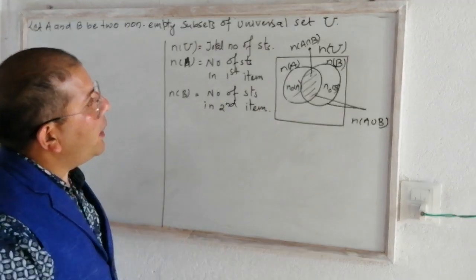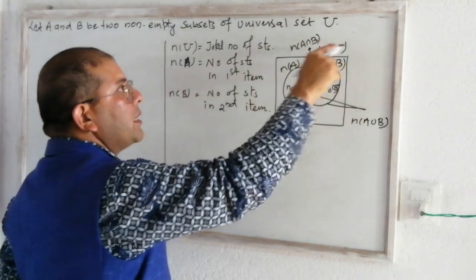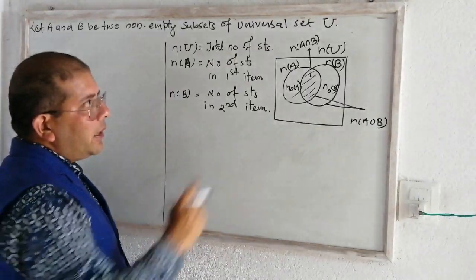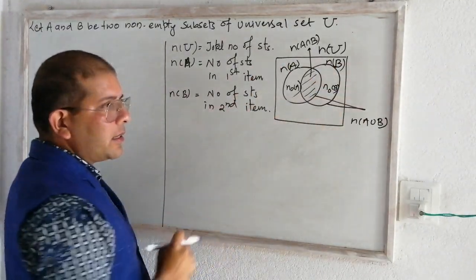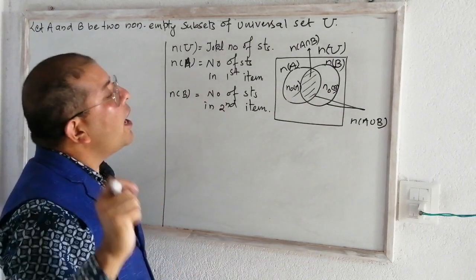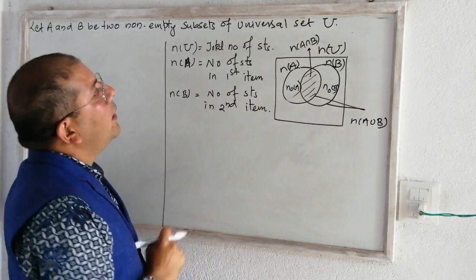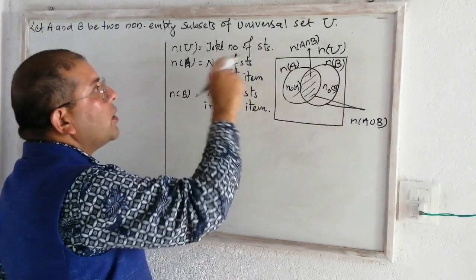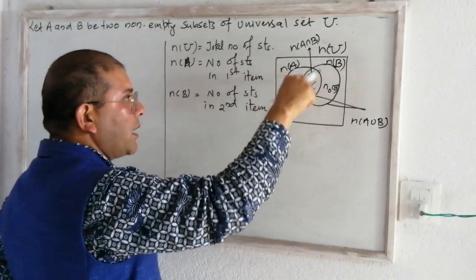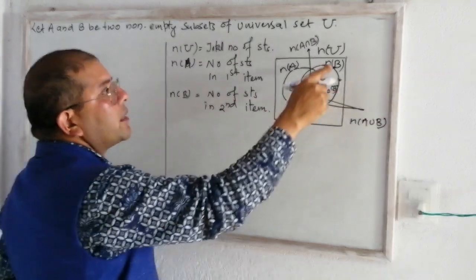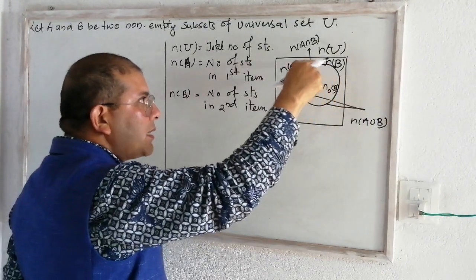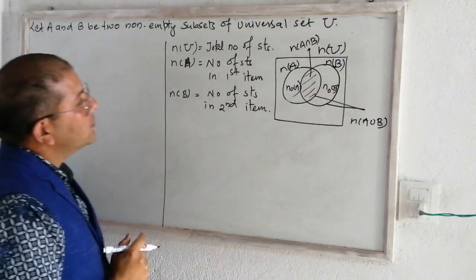Again, look at the Venn diagram. This n of U is the total number of students. It is the strength of the class, that means how many students are in the class. This n of A is the number of students in the first item. N of B is the number of students in the second item.